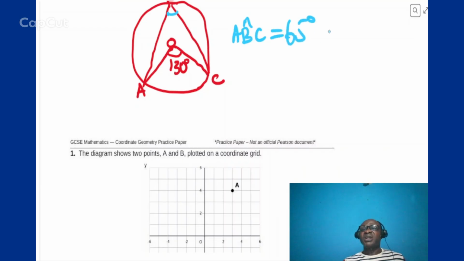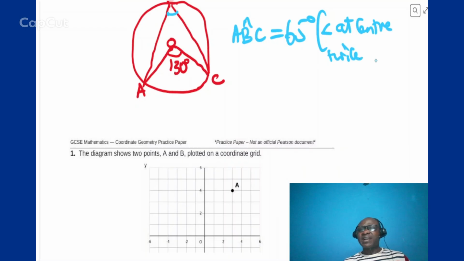65 degrees. And because it is a standard exam, you give them your reason. What will be your reason now? Angle at the center is twice the angle at the circumference.